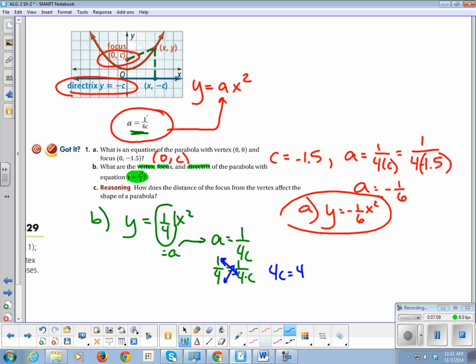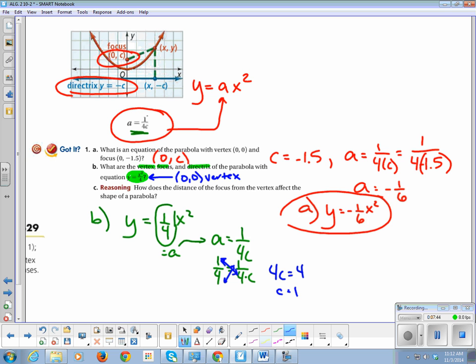If 4 times c is equal to 4, c must equal 1. Okay, so now we know what c is. We can find the directrix. Let's find the vertex first. Because I have no h or k, I have a vertex of 0, 0.